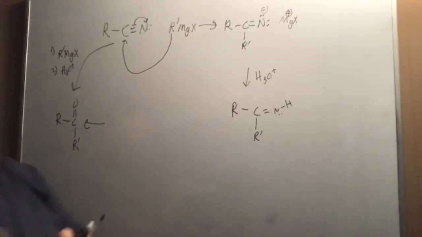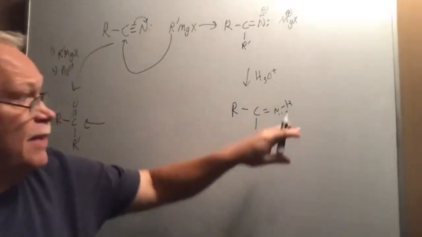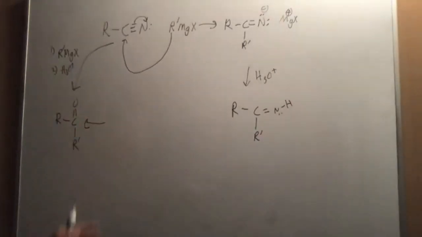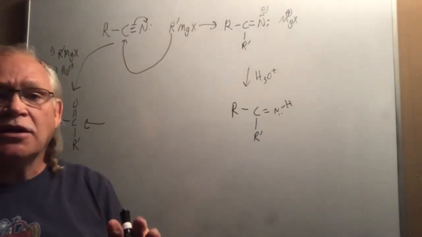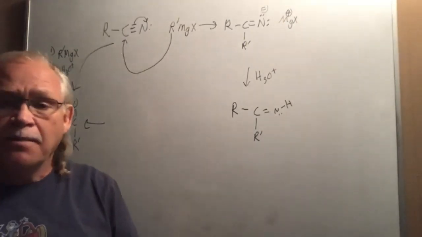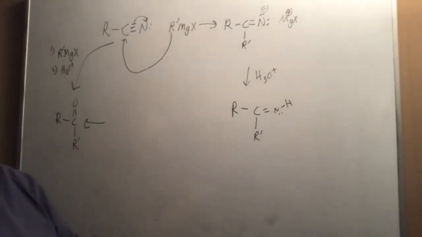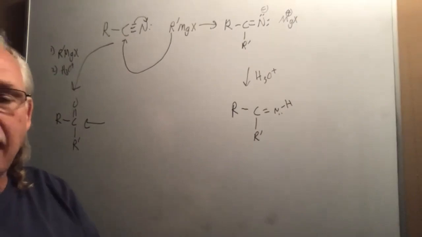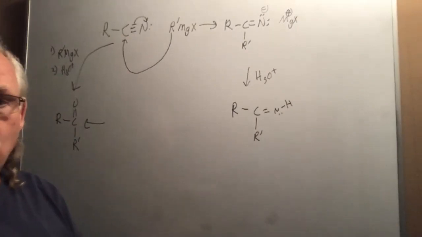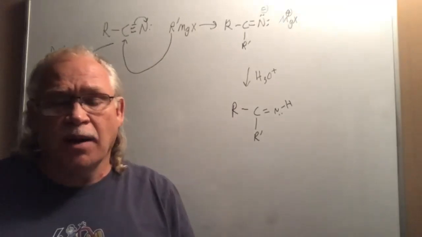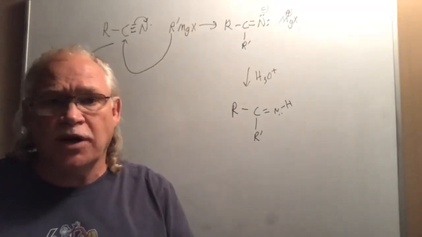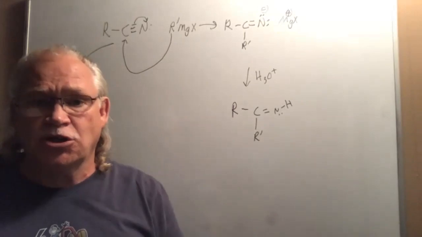Now, I want to show you the steps to go from here to here. And I'm going to show you these steps, not because you need to know them on the test, but because you're going to see this kind of thing oftentimes whenever you're talking about biological chemistry. A lot of biological chemistry is nothing but protonation, deprotonation, protonation, deprotonation, and many reactions occur.